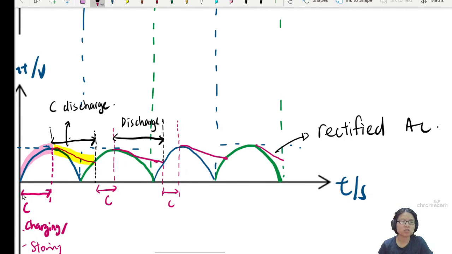The capacitor will charge, discharge, charge, discharge rapidly, so that the current is always the same, or rather it doesn't change that much. It doesn't go from maximum to zero. It goes from maximum to less, to maximum to less, but never drops to zero.